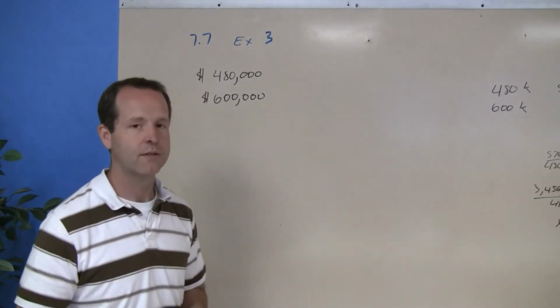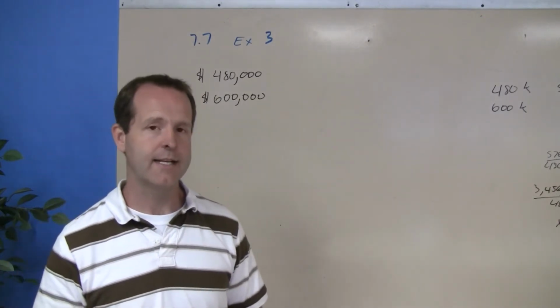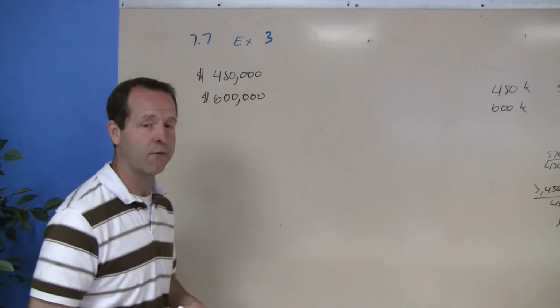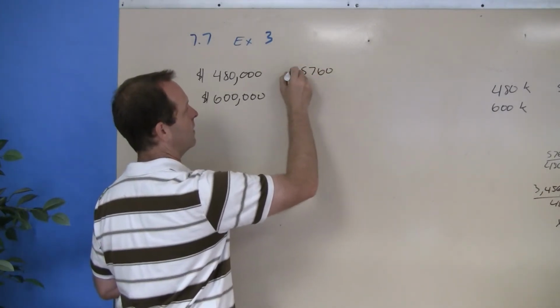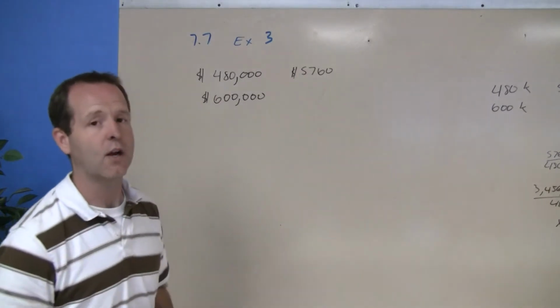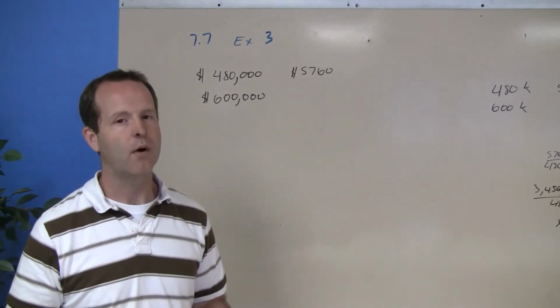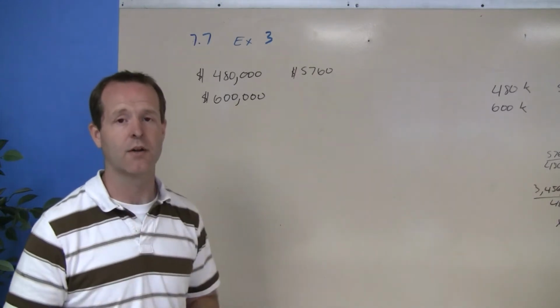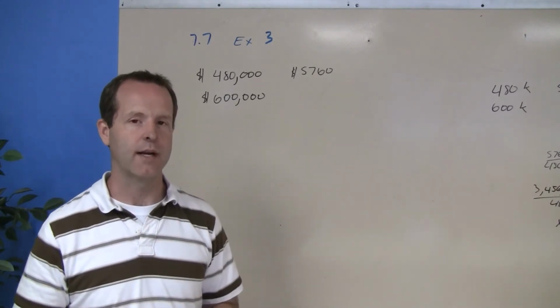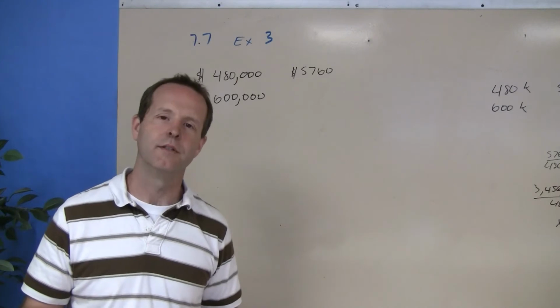Well, with this house, there also come taxes. And I know that the tax for the house at $480,000 is $5,760. Well, I want to find out what's the tax of the house at $600,000, assuming that it's the same tax rate. Well, that's a proportion.